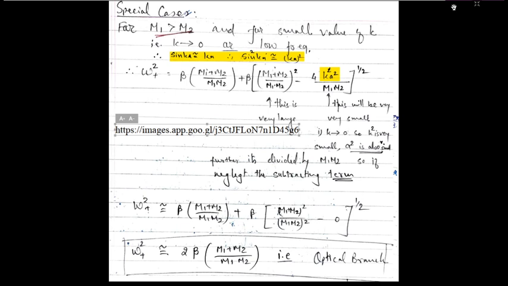The acoustic branch is always in a slightly lower range of frequency, whereas the optical branch is in a slightly higher range of frequency.